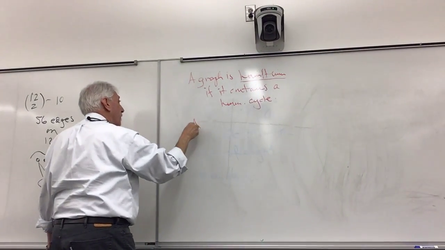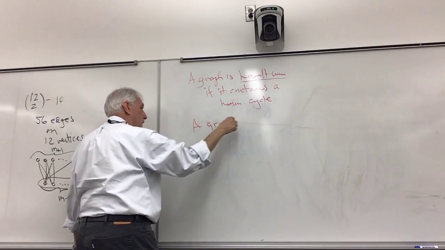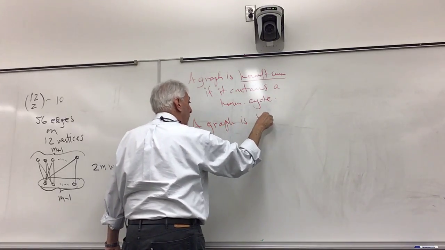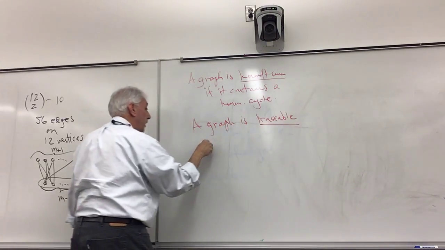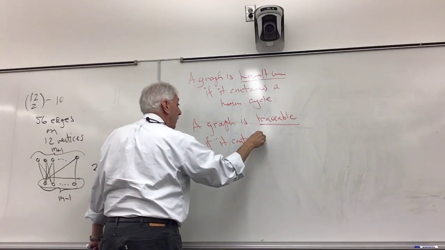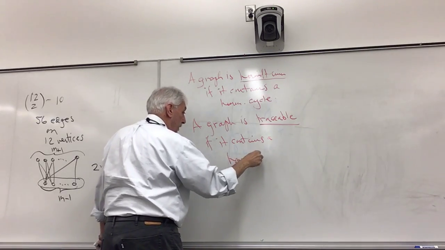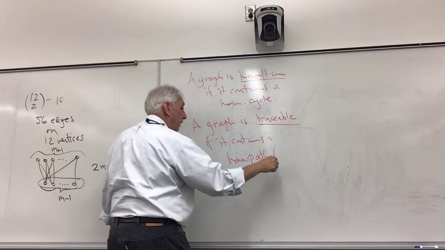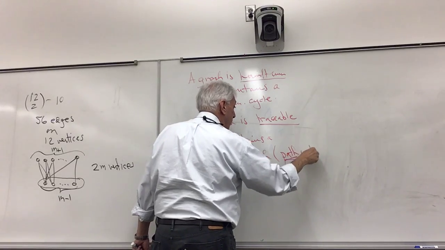They don't use this word, a graph, but I tend to use it. A graph is traceable if it contains a Hamiltonian path. And what do I mean by a Hamiltonian path? A path with all the vertices.